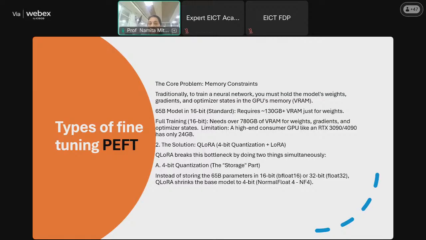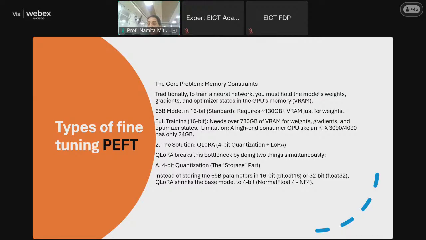So a 65B Llama model in 16-bit, how much do we need? We need 130 GB plus of VRAM just for the weights. We must have that much. Full training needs over 780 GB of VRAM for weights, gradients, and optimizers.